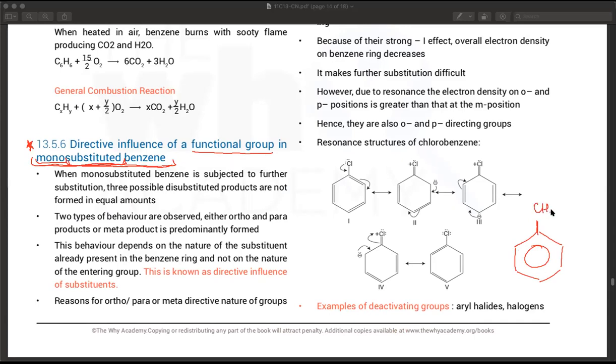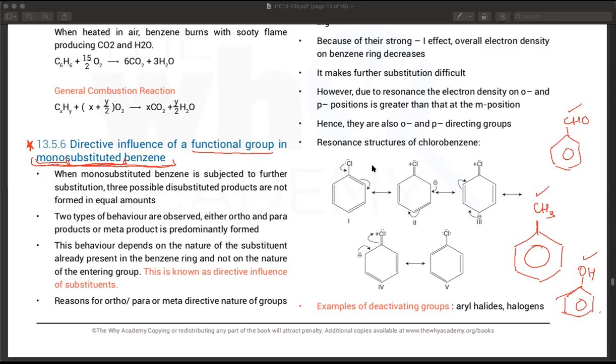So, it could be an alkyl group, toluene, or it could be OH group, which is phenol. It could be an aldehyde group, you get benzaldehyde. It could be a nitro group. It could be a halobenzene. So basically, it's one benzene ring with one substituent on it. Substituent can be any group, anything other than hydrogen.